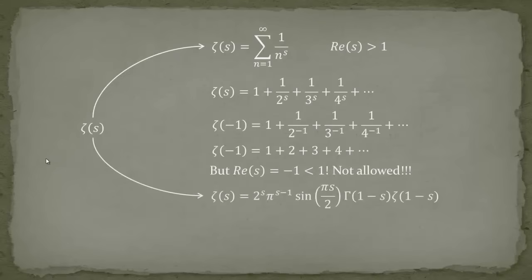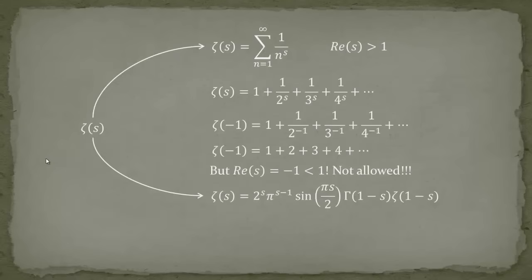Now let's have a look at the second representation, which is due to Riemann. It is obviously more complicated than the other.